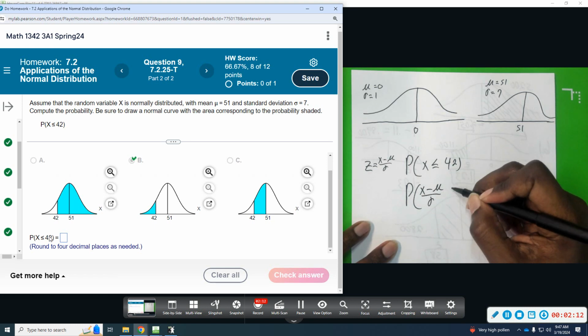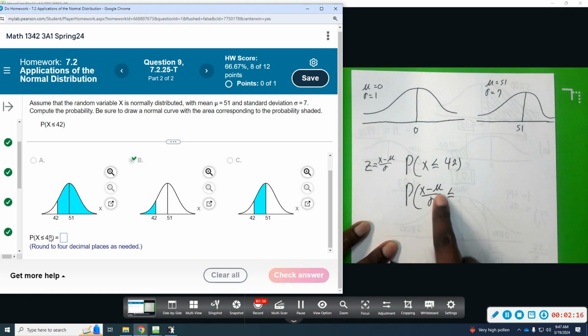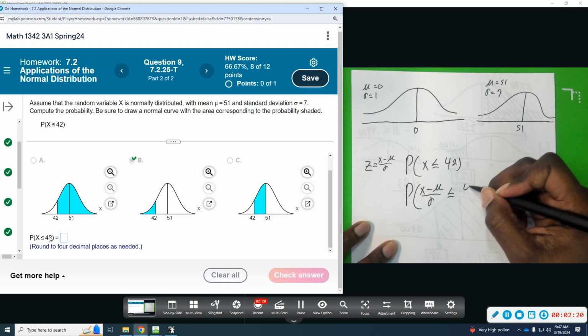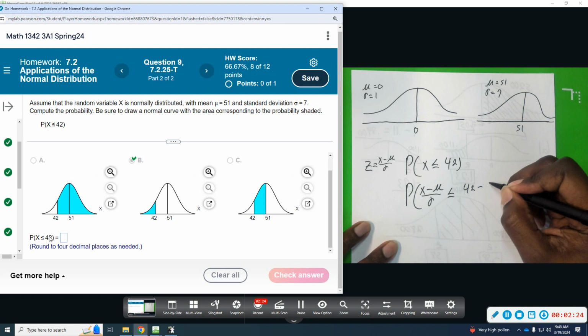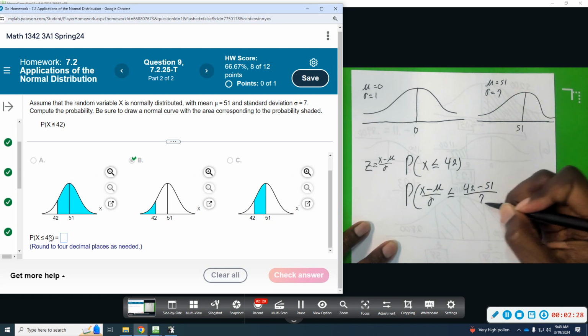And then I will apply the actual numbers. So 42 is representative of your x. Your mean was 51, so we're going to subtract 51. Your standard deviation was 7, so we're going to divide by 7.